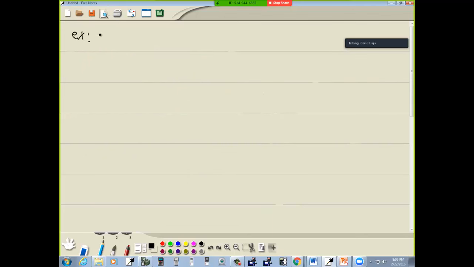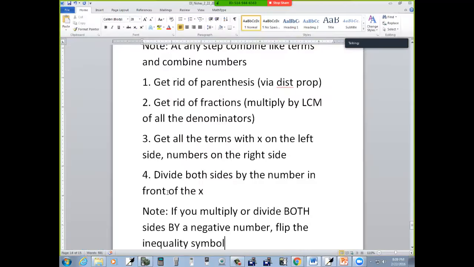Now we got 3 times x minus 2 is greater than or equal to x minus 7. Okay, first step, get rid of parentheses.